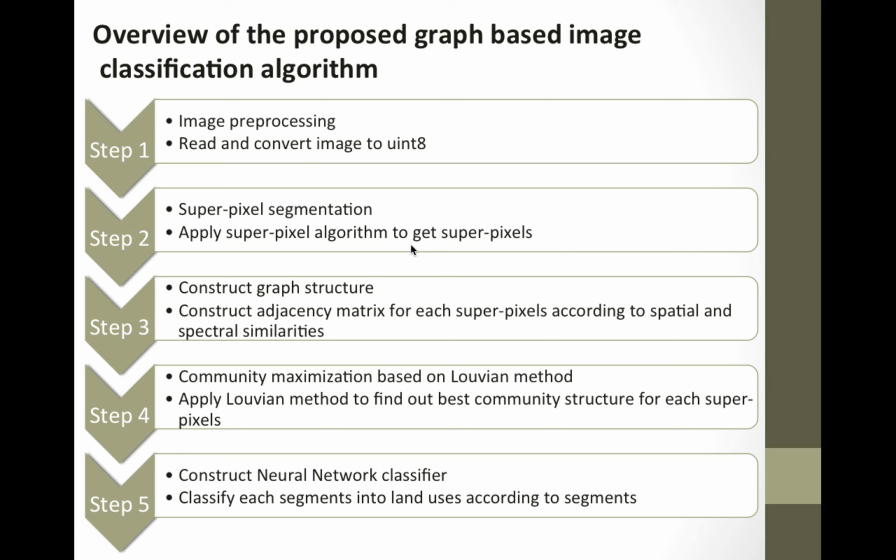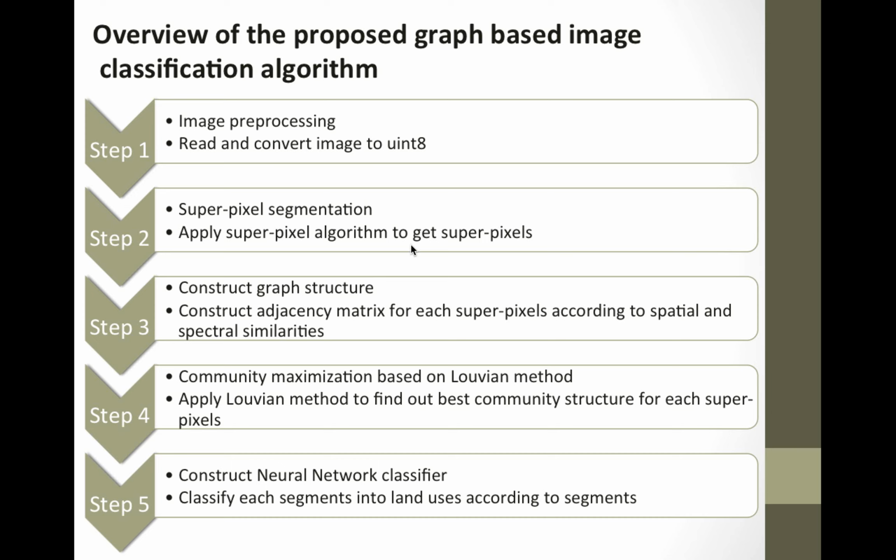In step 2, I apply the superpixel-based algorithm to do the superpixel segmentation, and I got several large superpixels. In step 3, based on the superpixels, I constructed a graph structure by calculating the adjacency matrix. In constructing the adjacency matrix, I use both spatial and spectral similarities to find the local connection for each pixel.